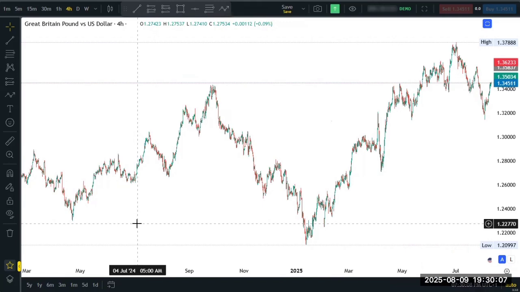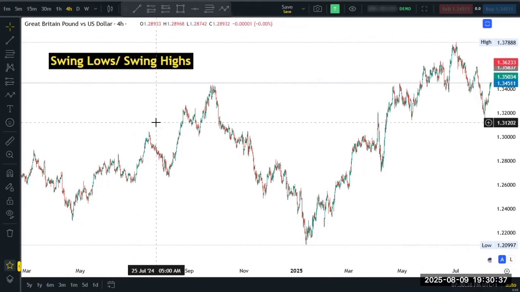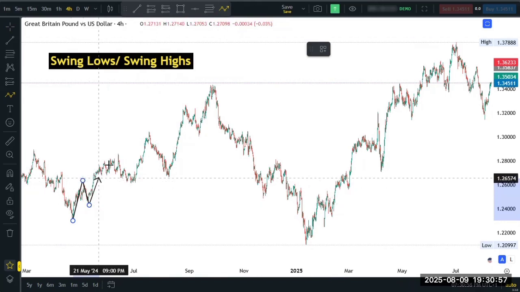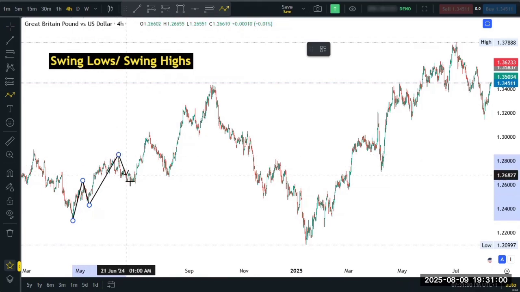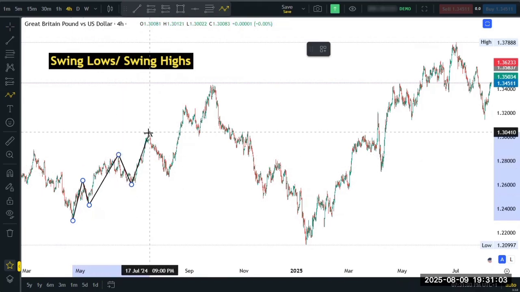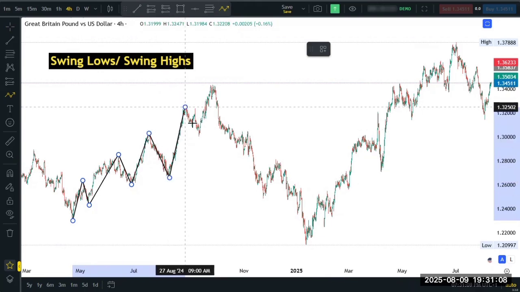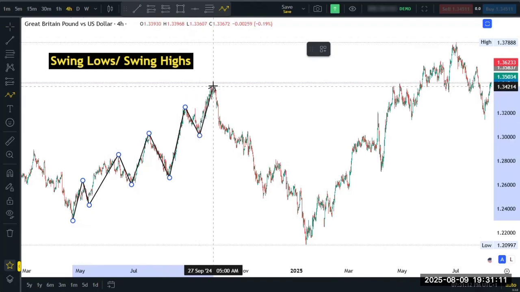Now, the first point of interest that I will tell you about is a swing low or a swing high. What are swing lows or swing highs? They are points where price originated from, such as this particular low, and then got to another swing point, a high, and then we have a reversal, then another continuation, then another reversal, and so on.